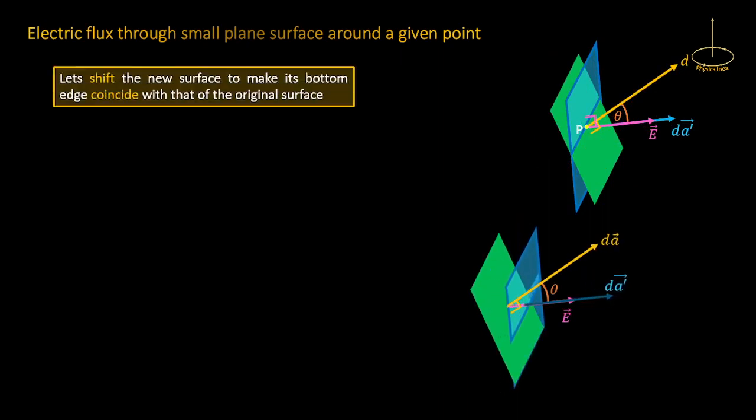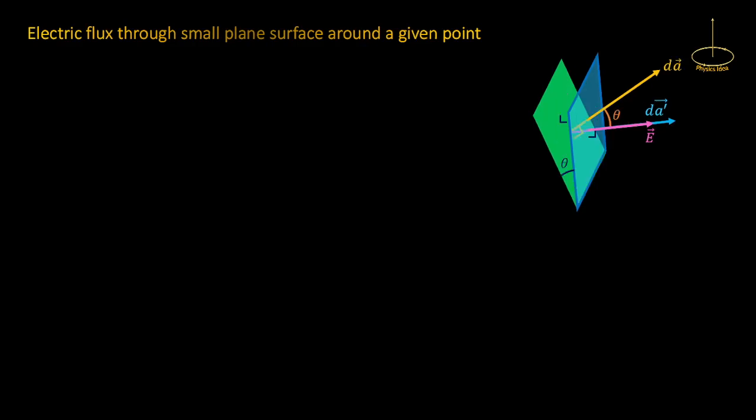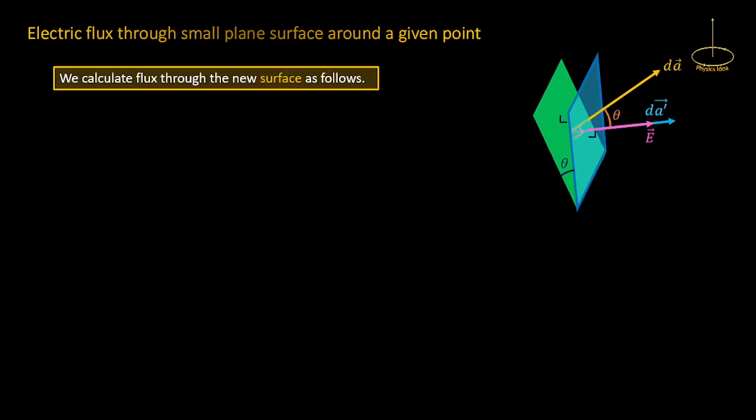Let's shift the new surface to make its bottom edge coincide with that of original surface. It can be shown that the angle between the two surfaces is also theta.